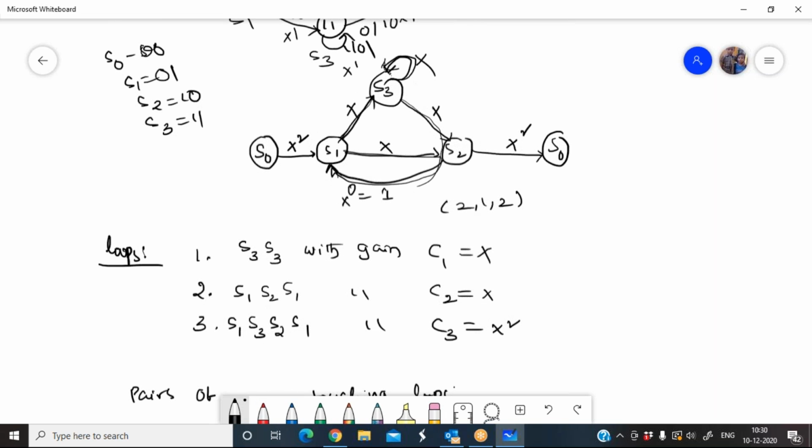Look at the state diagram. Loops 1 and 2, non-touching? Yes, sir. See, this is the first loop, and this is the second loop. In the second loop, states are only S1, S2. In the first loop, the state is S3. So there is no common state. That's why you can say that there is one pair of non-touching loops.